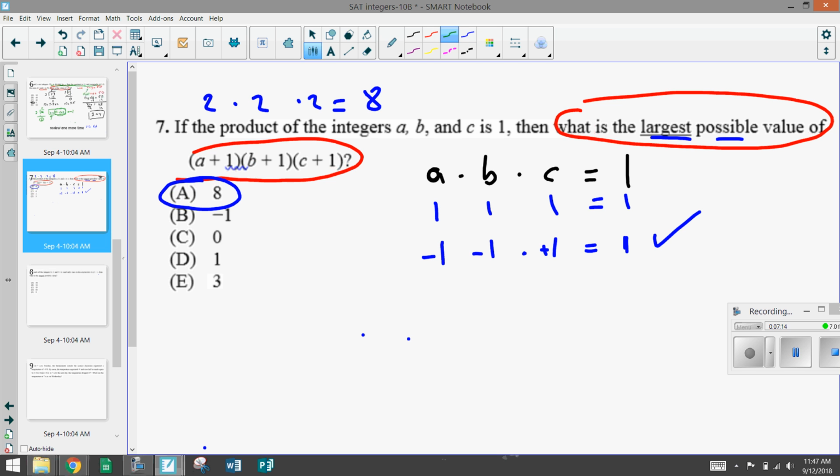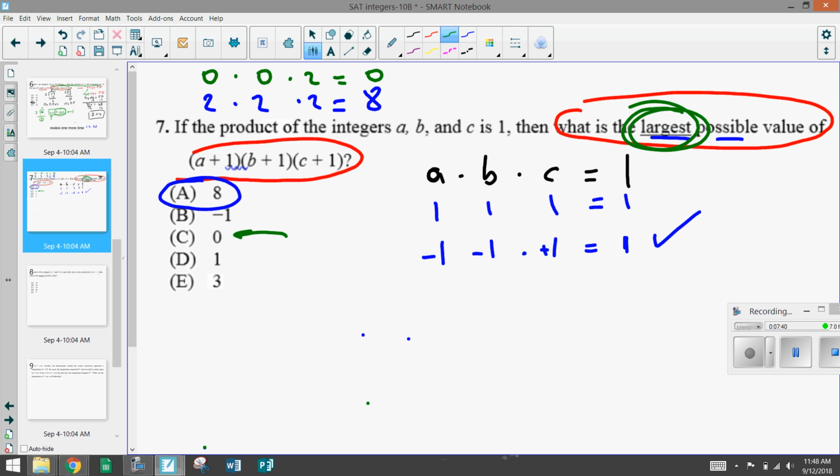B is -1. C is 1. Result is 2. This is possible, but does that make more sense now?